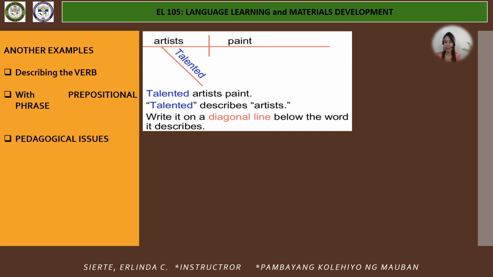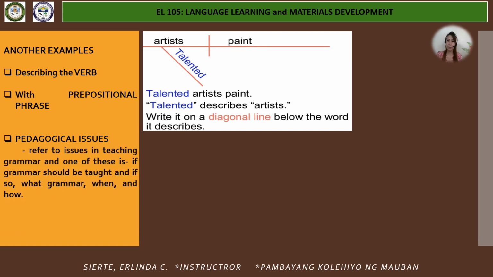The word talented describes the artists. Write it on a diagonal line below the word it describes. That's why it looks like that. Talented artists paint. The word talented is the one describing artists, who are our subject.